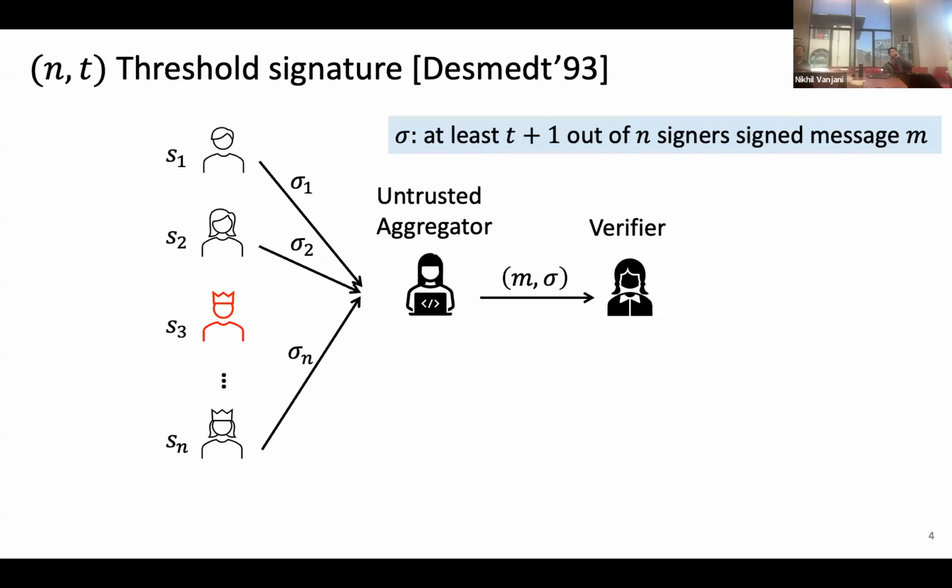Quick questions? Yes. For each sigma i, can the verifier verify that it is signed by some person? For the final verifier, we don't want the verifier to know what's happening behind. Are you asking whether the verifier can identify who signed?